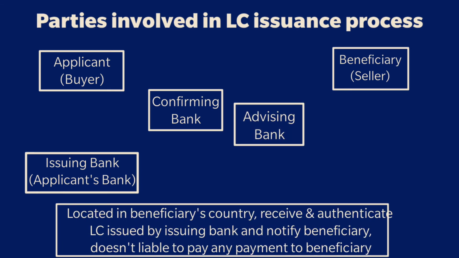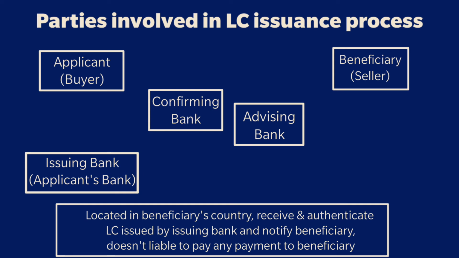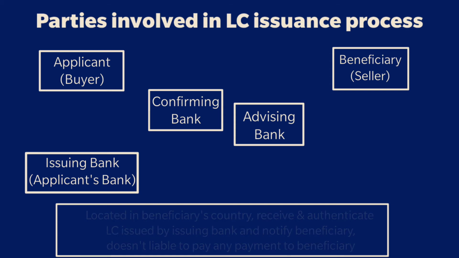An advising bank is a bank that is generally located in the beneficiary's country, and they advise or notify the beneficiary that the LC has been issued by the issuing bank. Further, they also authenticate the LC issued by the issuing bank to avoid fraud. However, they are not liable for any kind of credit or payment to the beneficiary.